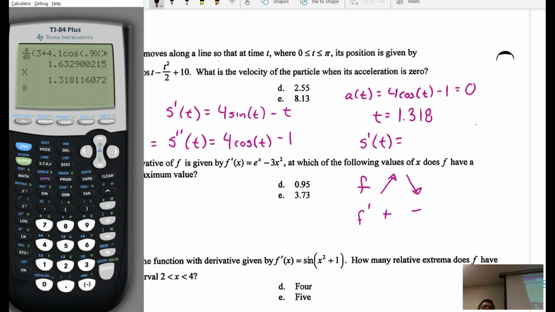And in order to avoid typing all of that in, if this number is stored to x, every time we type x, we get this number. So instead of typing 4 sine and then rounding that number, we're going to type 4 sine of x minus x. And the calculator is replacing x with that number that's stored in x. And here's the answer that we're after.